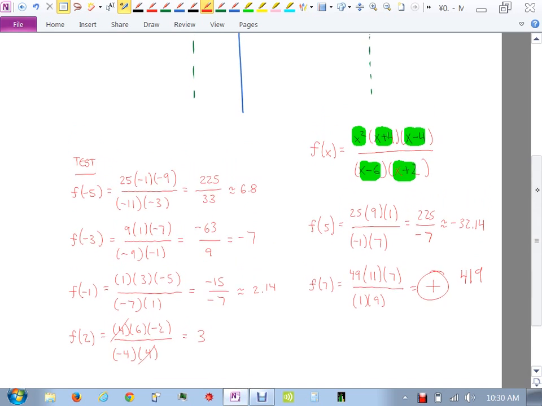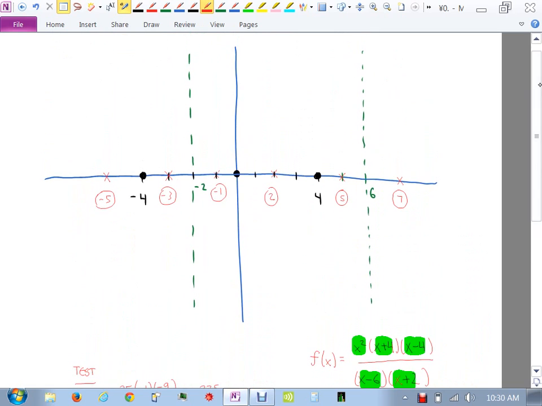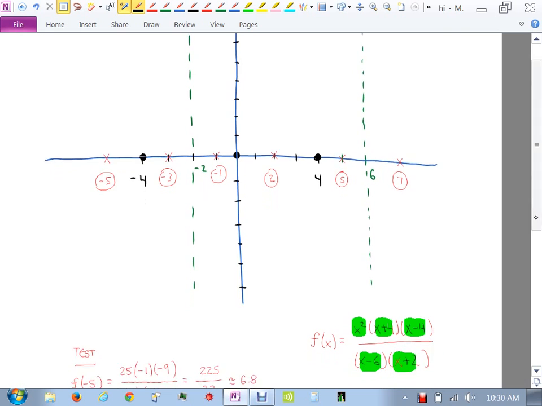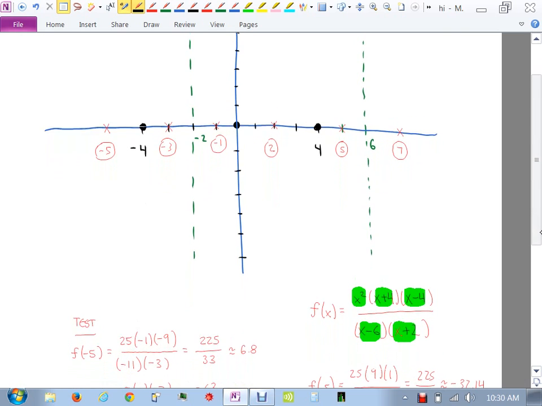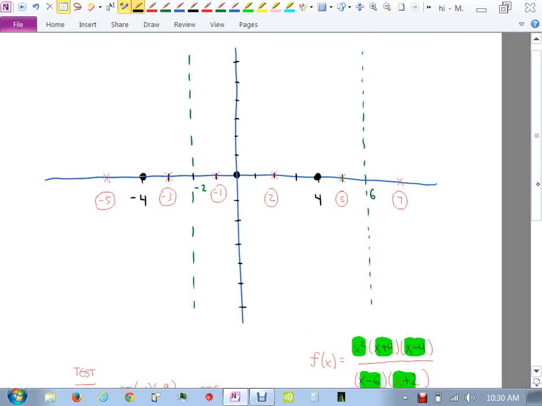Let's plug everything in now. You ready? Come back up here. Let me draw some marks on my y-axis. I'll go up 1, 2, 3, 4, 5, 6. All right, so at -5, where are we? At -5, we are at 6.8.